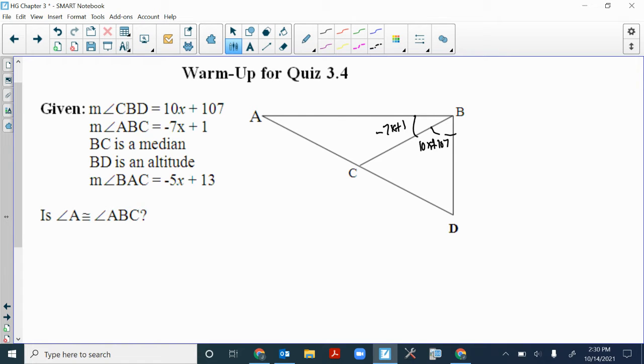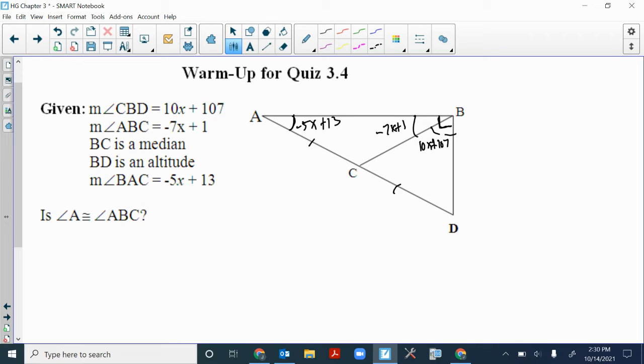We are told BC is a median, so that means those two are congruent. And we are told BD is an altitude, so that means this right here is a right angle. We are also told that angle BAC, which is this angle here, is negative 5x plus 13.